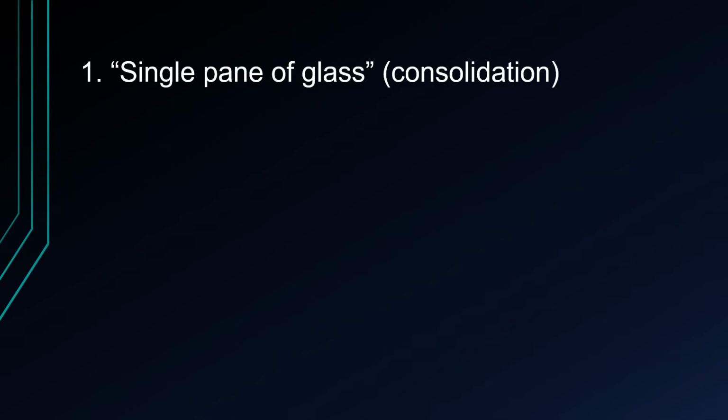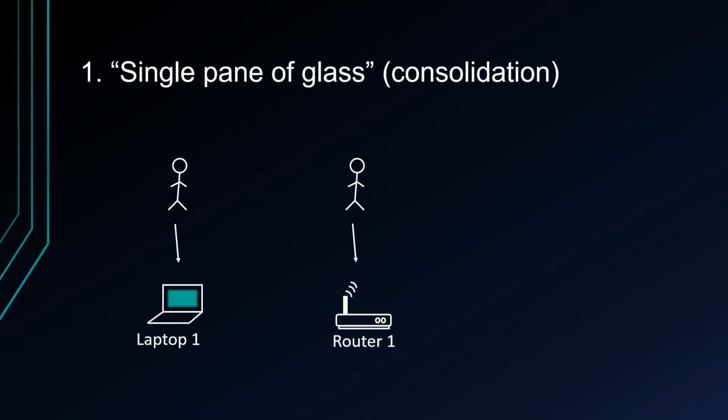So the single pane of glass or consolidation, let's talk about that a little bit. Let's say you want to view event logs on a laptop. Okay, so you sign into the laptop, you read the event logs, you write down what you find important or you think you'll need to refer to later, and then you log off. And then let's say you want to view the event logs in a router. So you sign into your router, you review those event logs, you write down what you think is important, and then you sign out.